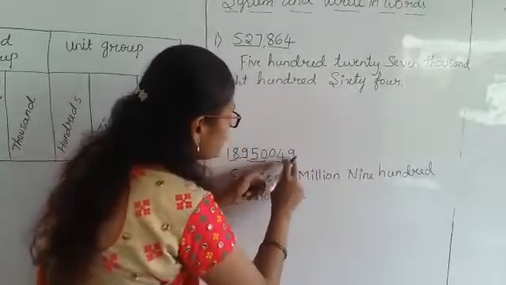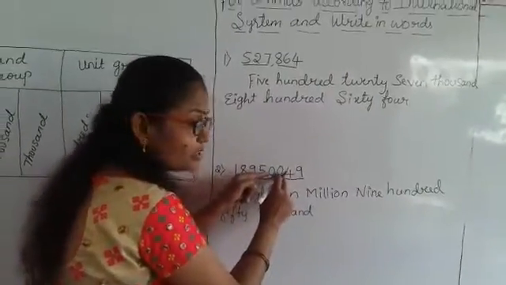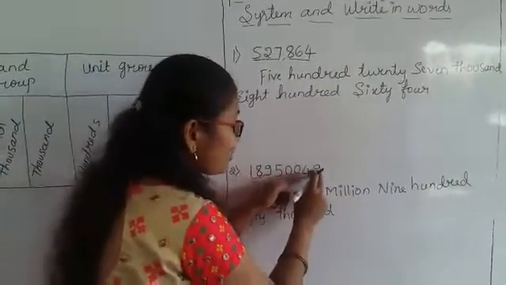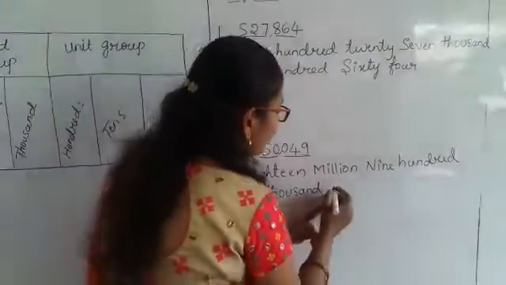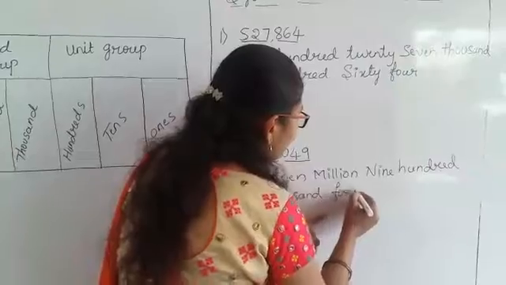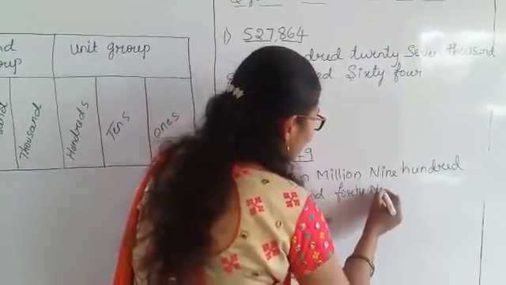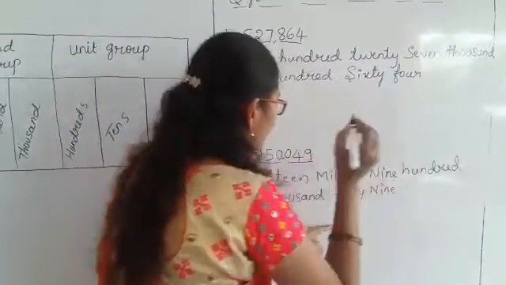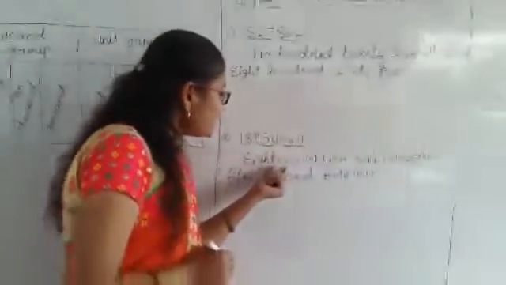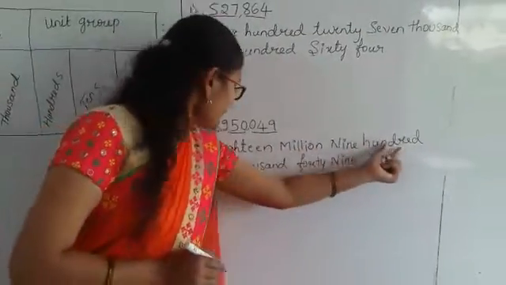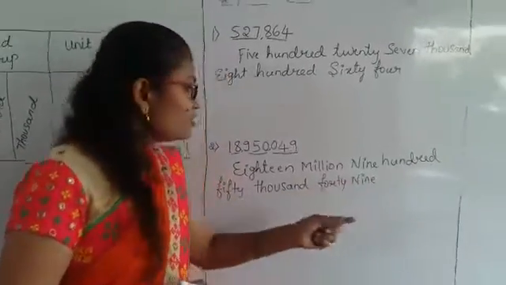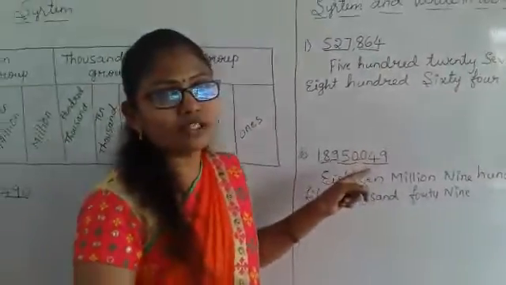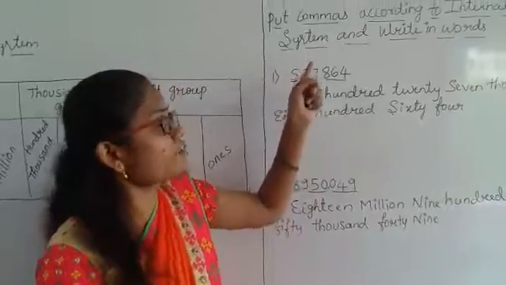Here you can see that in the hundreds place there is 0. You should not say 409; that is wrong. This is 49. 950,049. One more time I will repeat, children: 18 million, 950,049. So I hope you understood how to write the given numbers according to the international number system.